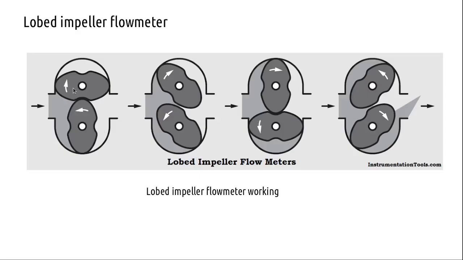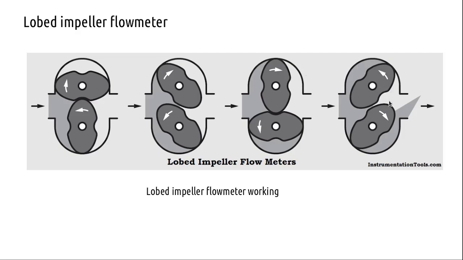When the fluid flow comes in, it rotates this one clockwise and the other one anti-clockwise. So this is the lobed impeller, and the fluid is just pushed out.